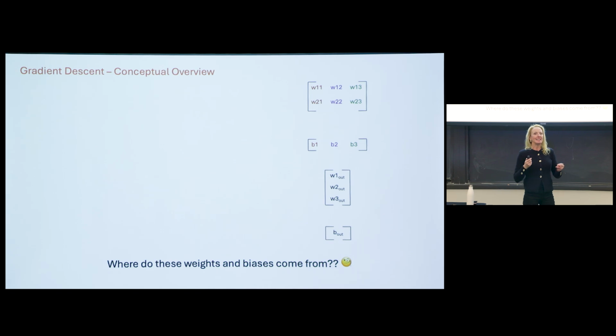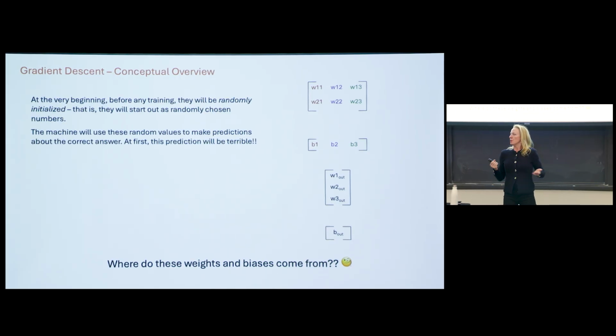Okay. So here's a conceptual overview of gradient descent, which is a sort of algorithm, or species of algorithm, that turns out to be absolutely crucial. It's at the heart of training all modern AI systems. As they say, it's going to be randomly initialized. You just have to start somewhere. You can't start nowhere. You have to start somewhere, right?